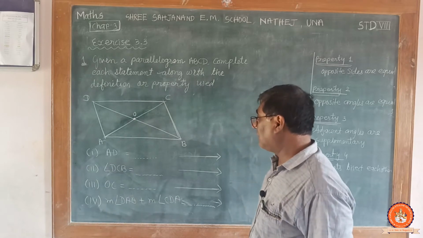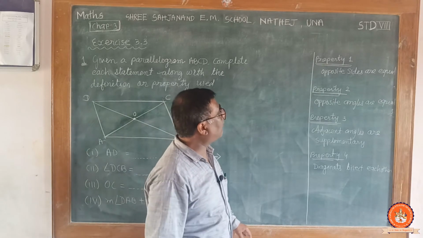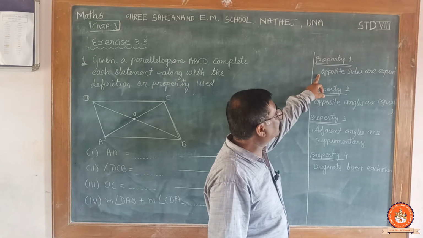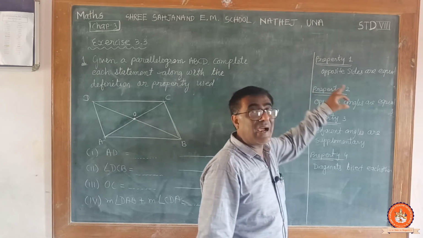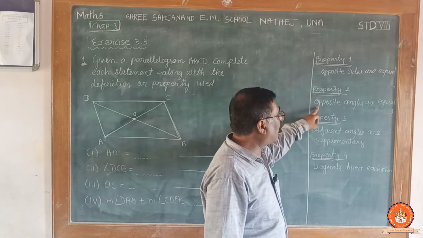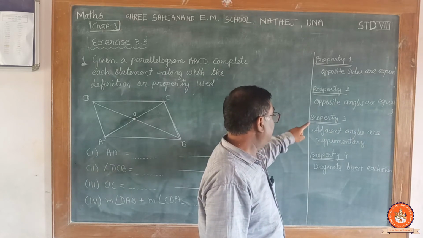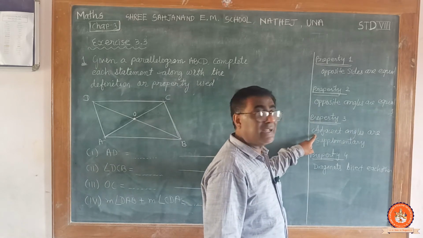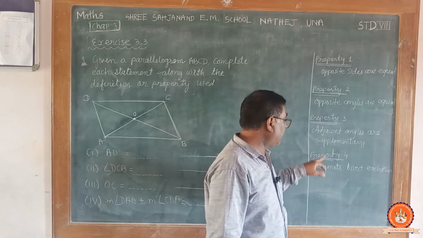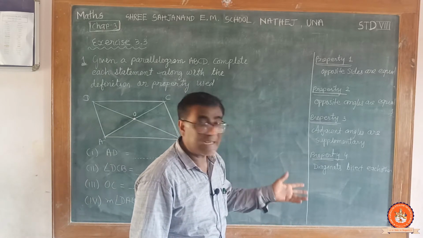Now look at it, we have 4 properties. Property number 1, opposite sides in a parallelogram are equal. Property number 2, opposite angles in a parallelogram are equal. Then property number 3, adjacent angles in a parallelogram are supplementary, and property number 4, diagonals of a parallelogram bisect each other.